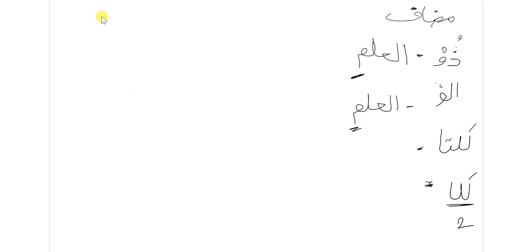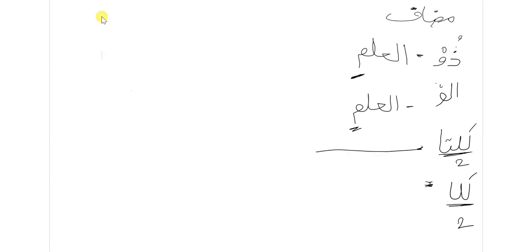What is common between all these words is that they always become muzaf, and the word that comes after is muzaf ilay, like zu ilmin, a person with ilm, ulu ilmi, a person with ilm. Both have the same meaning, but kila and kilta are a little bit different. Kila and kilta are tasniya words.